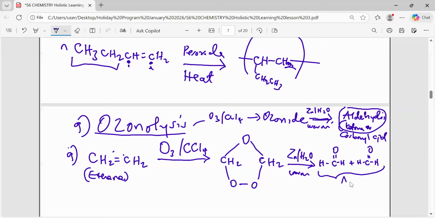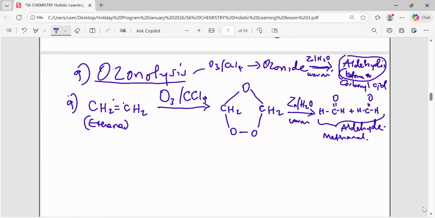These are aldehydes and methanal. This is a methanal, and also the other one is a methanal. But now I want to put different compounds, and you tell me the products. Okay, part B.